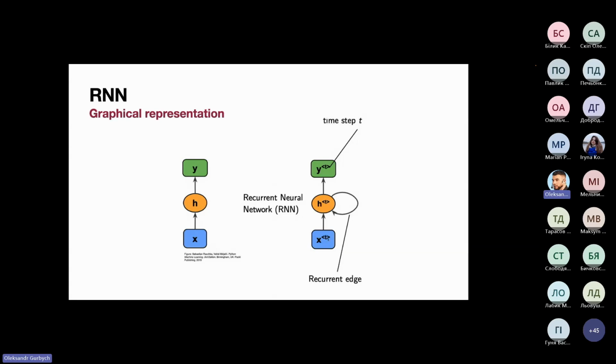It is just applied multiple times for multiple inputs and outputs, with the time step denoted as T. T can be 0, 1, 2, 3, etc. The idea is that you apply the same network for each pair of inputs and outputs. Each pair of X and Y is called time step T. The idea is that this kind of network can work on sequences of arbitrary length.